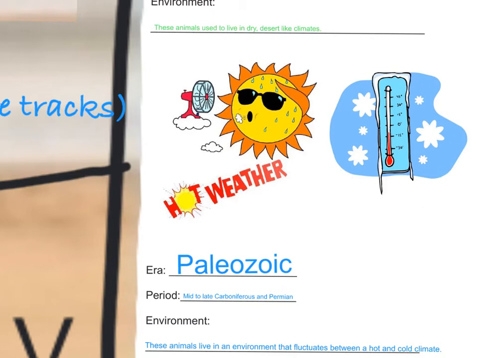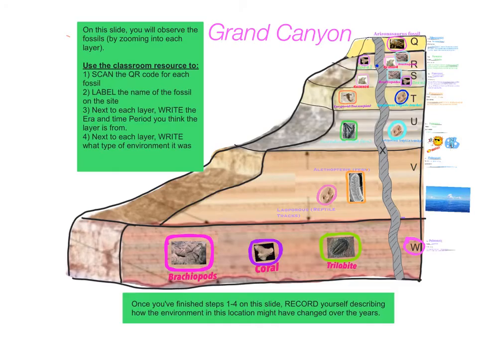I might as well say that their environment fluctuates between hot weather and cold weather. Right now, between these three rock layers, the environment has started to change from an ocean climate to where animals cannot survive the cold to an environment that now affects animals on land by fluctuating between hot and cold climates.